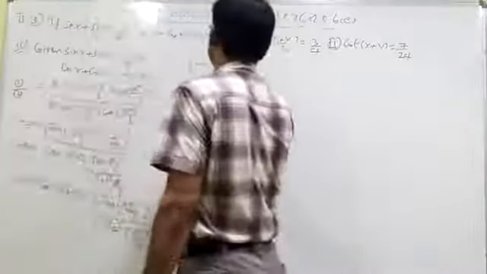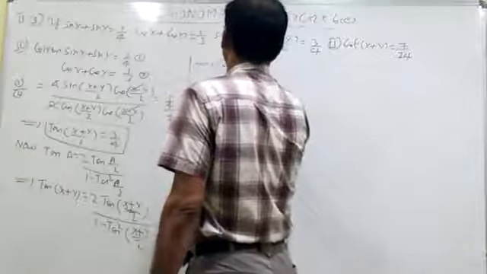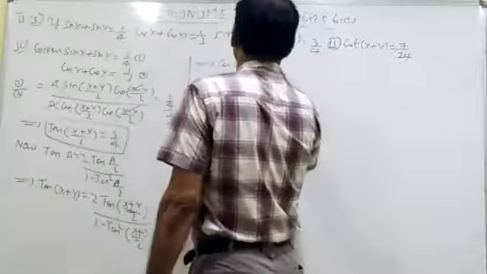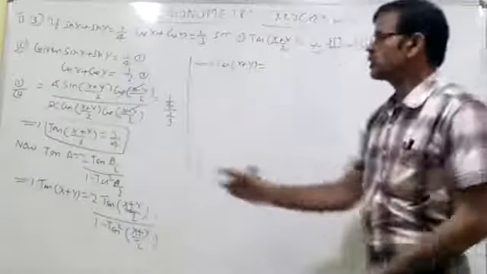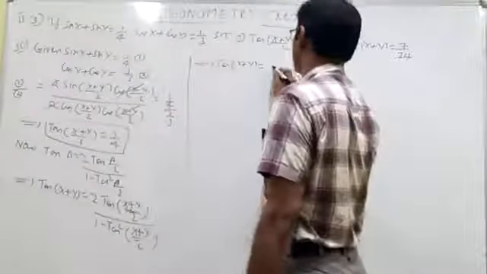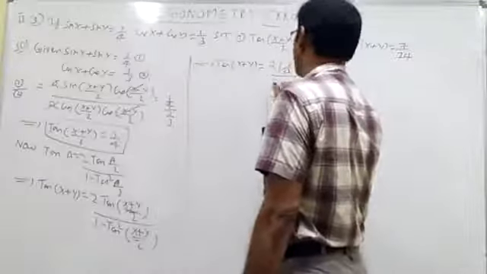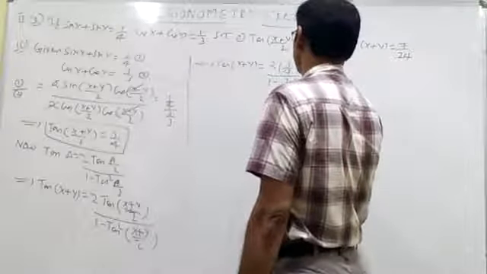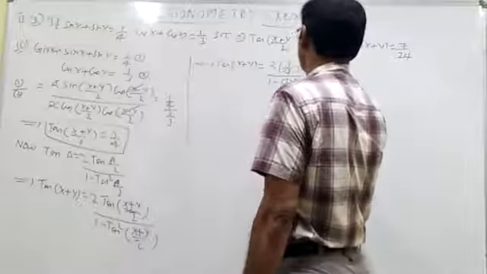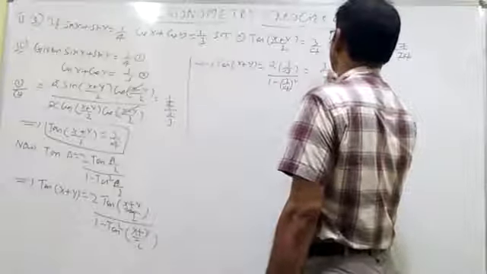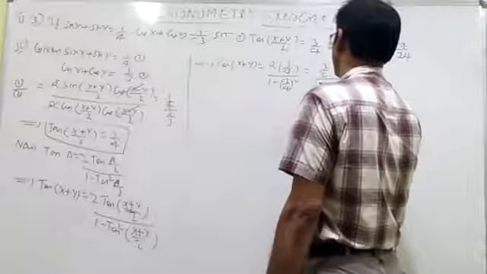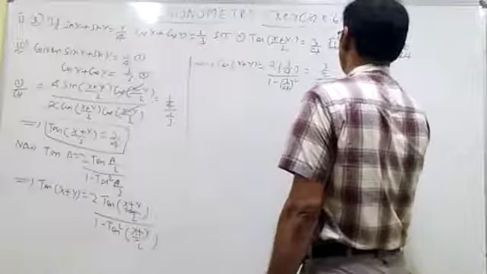That implies tan of (x plus y) is equal to, the value we got as tan of (x plus y) by 2 is equal to 3 by 4. Substitute the value here, 3 by 4, and 1 minus 3 by 4 whole square. This is 3 by 2 by 1 minus 9 by 16.